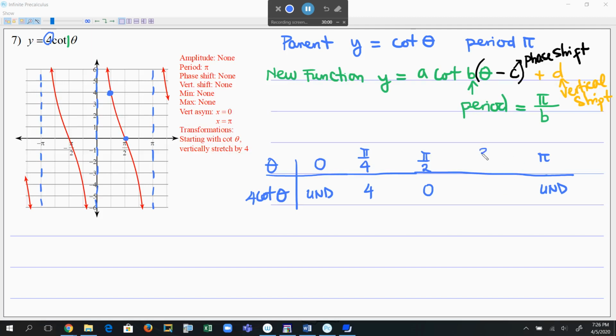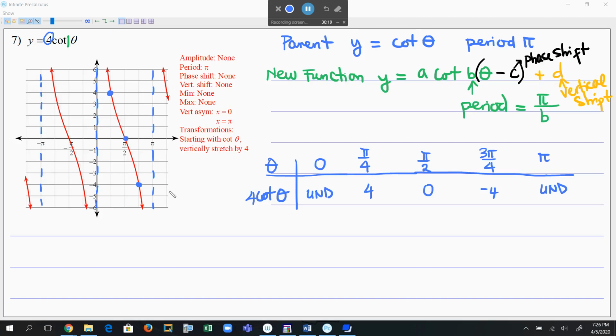And next, cotangent of 3 pi over 4 is -1. So 4 times -1 is -4. So the graph of the cotangent function is a decreasing graph.